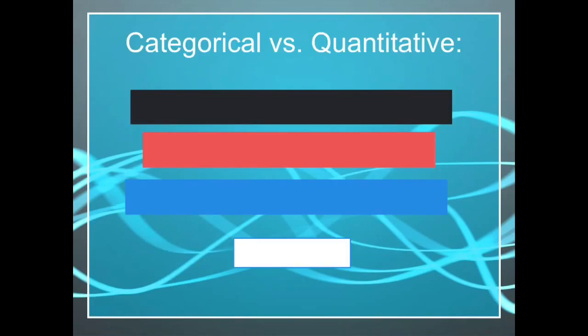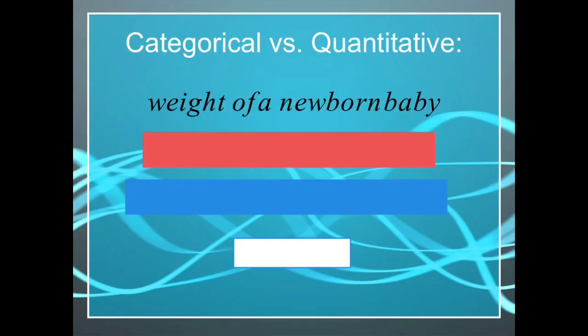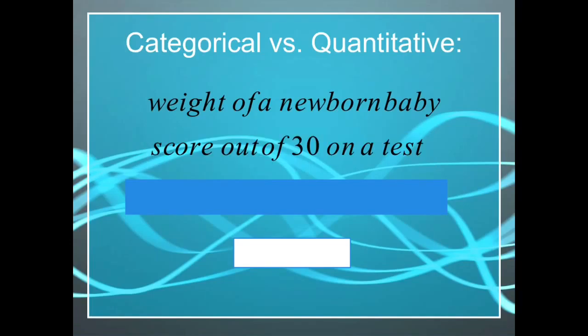Now we have a few examples here, and we're going to look at them and decide if they are categorical, meaning they have a quality, or are they quantitative, meaning that they have a numerical value assigned to them. So for our first example, we have the weight of a newborn baby. This is definitely going to be quantitative because the weight of the newborn baby is going to be in pounds normally, and that is a numerical value. Then for the next example, we have score out of 30 on a test.